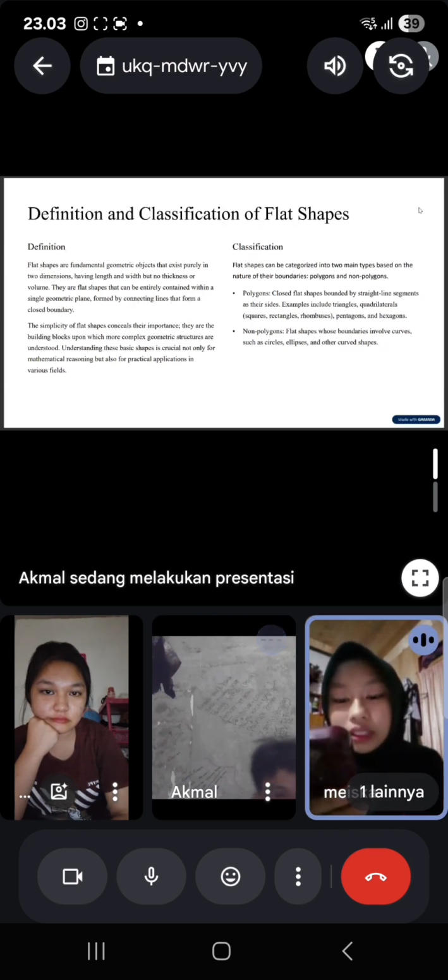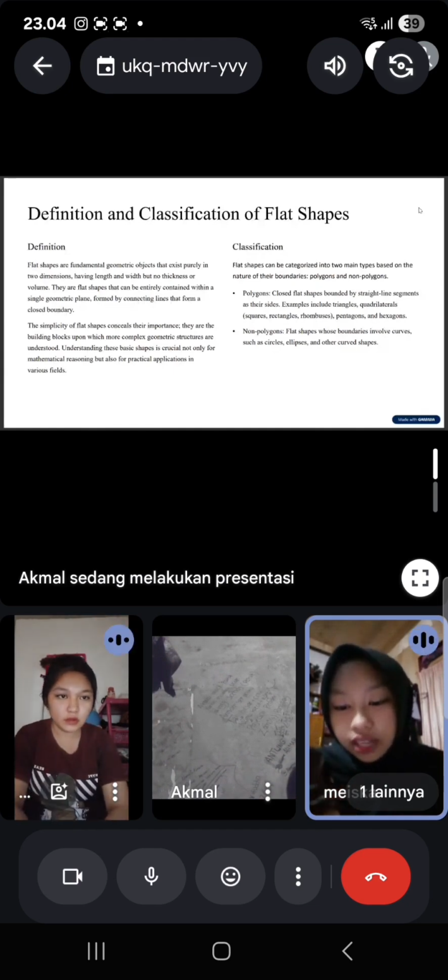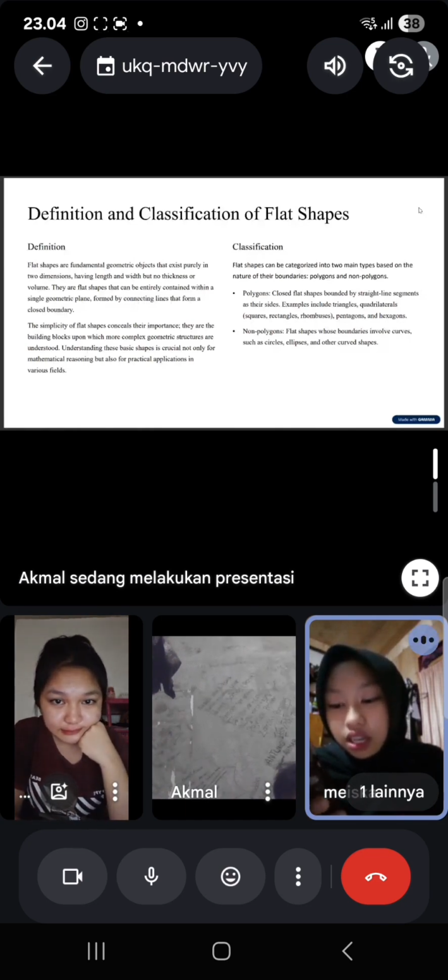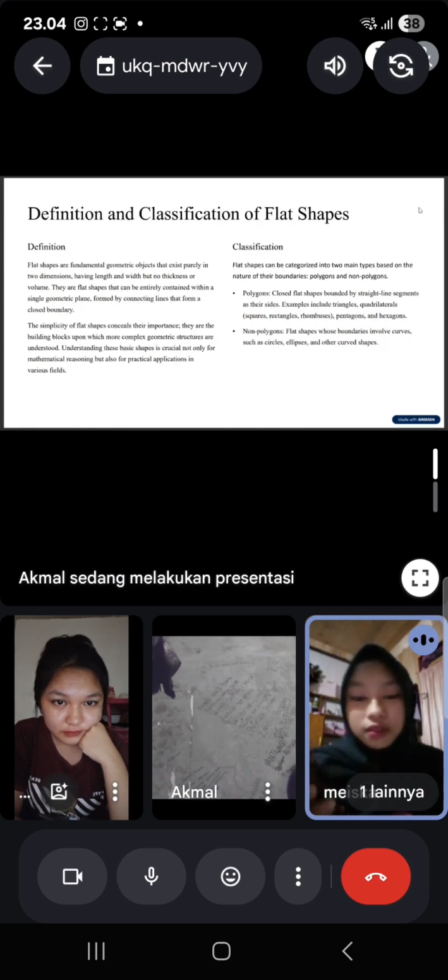The simplicity of flat shapes underscores their importance. They are the building blocks upon which more complex geometric structures are understood. Understanding the basic shapes is crucial not only for mathematical reasoning but also for practical application in various fields.